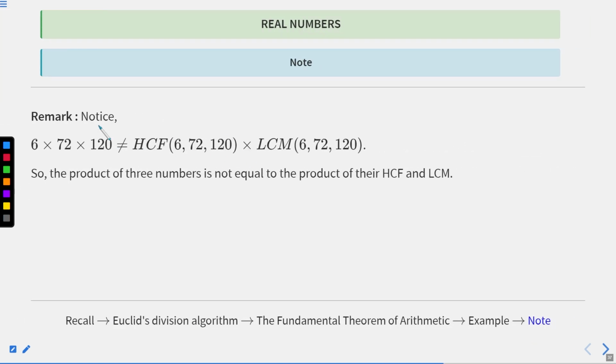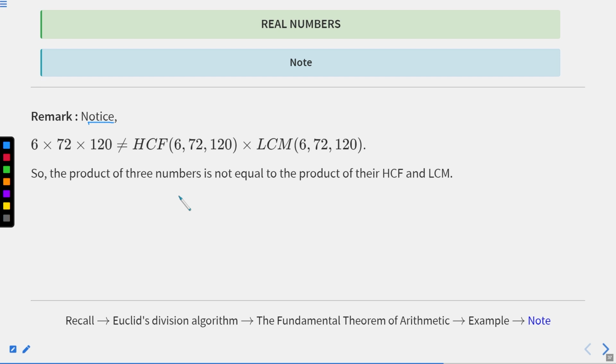And here, remark that if we multiply these three numbers, 6 into 72 into 120, this does not equal the HCF of 6, 72, 120 into the LCM of 6, 72, 120.